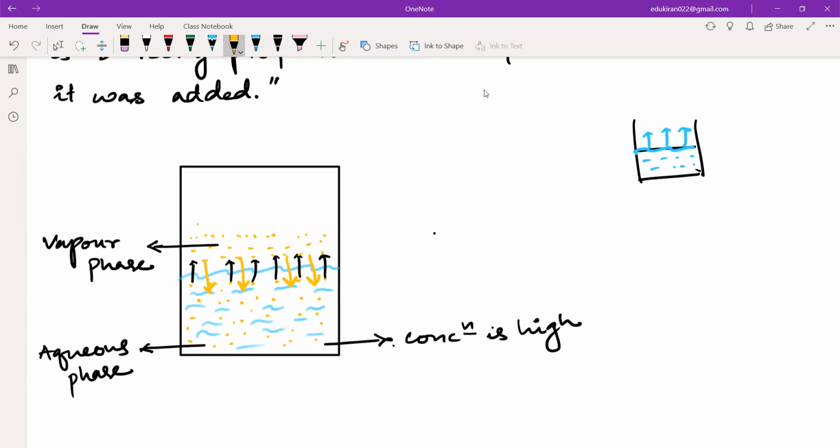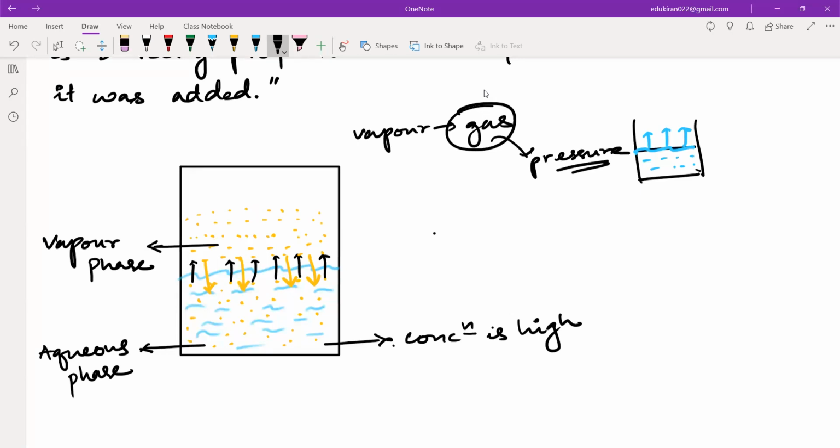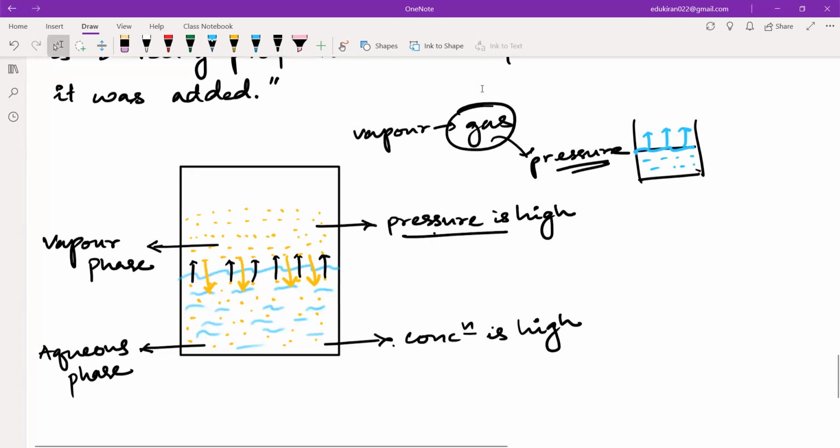And if we have more vapor, please listen very carefully, that means I am having more gas, and if there is more gas, then the pressure applied by the gas will also be more. Yes or no, please tell me. The pressure that will be applied on the container's wall will be more due to these gases. Yes or no? Yes, sir. So we can say the pressure will also be high.